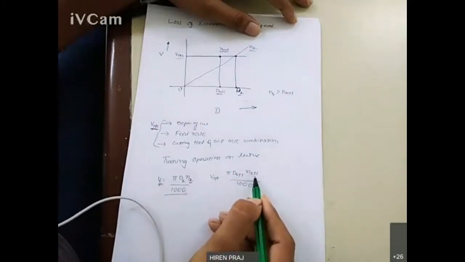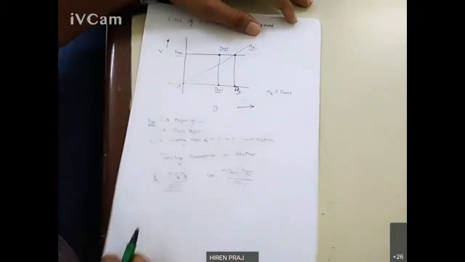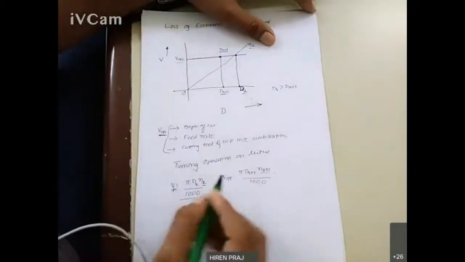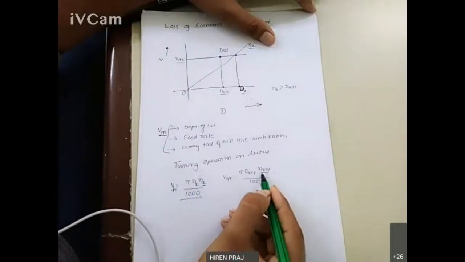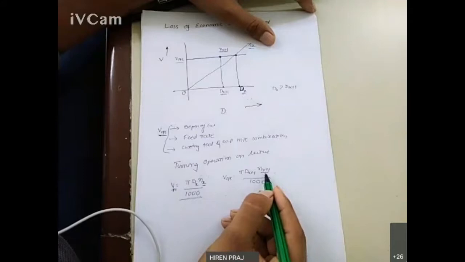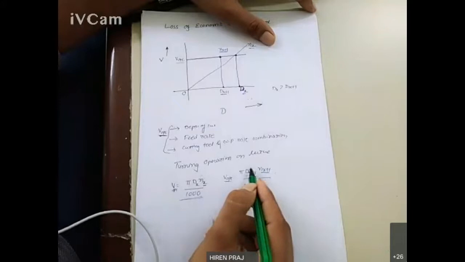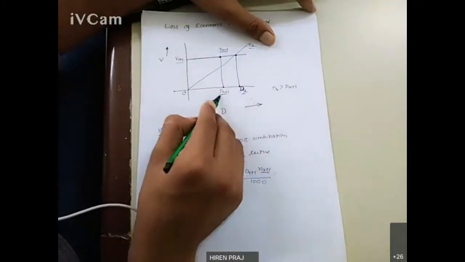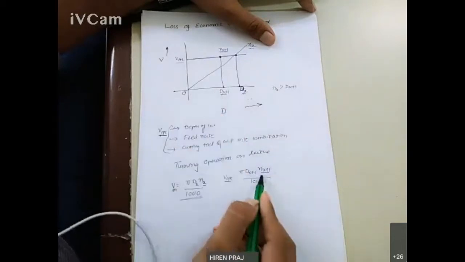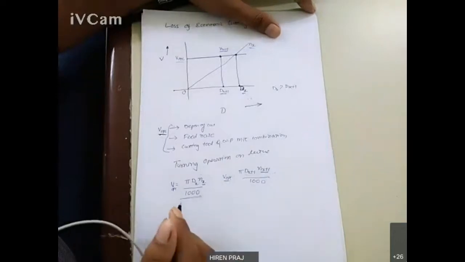My next rpm available, whether you are following arithmetic progression, geometric progression, or harmonic progression, after Nx the available speed is Nx plus 1. So this speed can give us the required cutting speed for a specific diameter, right? Dx plus 1 is the next diameter which you can operate at the next rpm Nx plus 1, so that you can again get the optimum, right?